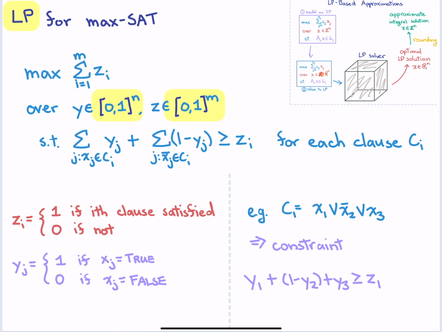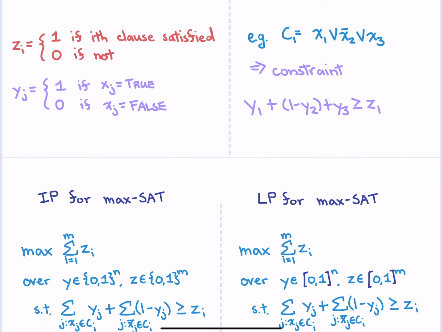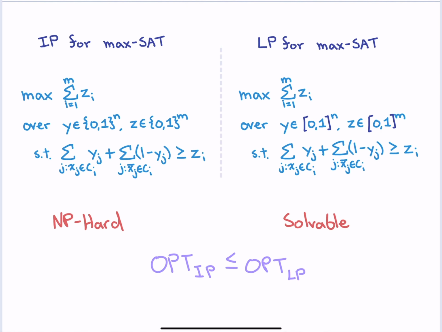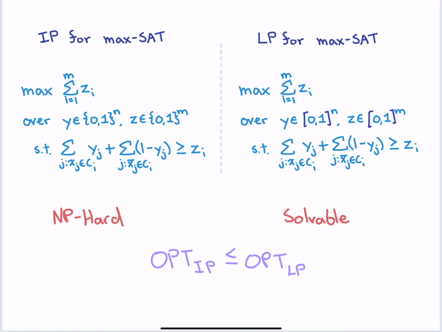Okay. All right, so putting these things side by side, they're very similar, right? Only like 4 characters changed from one to the other. But one is NP hard because the one on the left just captures maxsat exactly, right? Setting it to 0 is just setting it to be false.